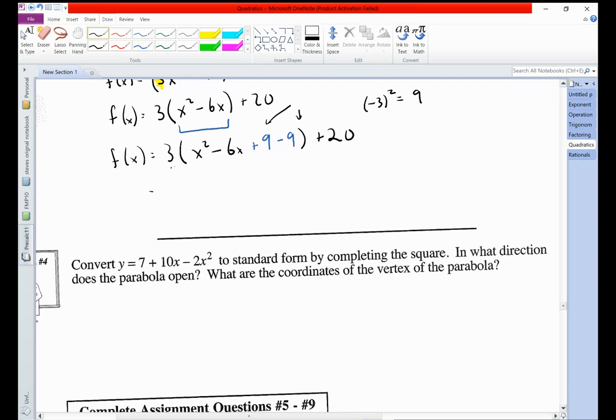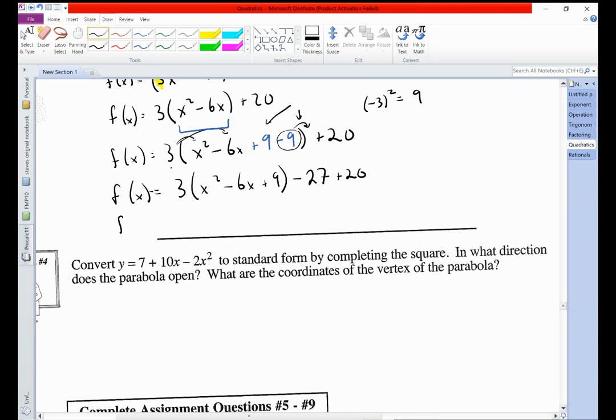Since this 3 applies to everything in these brackets, every term, when we pull this negative 9 out of the brackets, it has to be multiplied by 3. So what happens is 3 times x squared minus 6x plus 9, and now I've pulled that negative 9 out as negative 27 plus 20. There we go. I was doing some mathemagic there. Just because it's inside the brackets and it's being multiplied by 3, if I pull it out, it has to be 3 times that value.